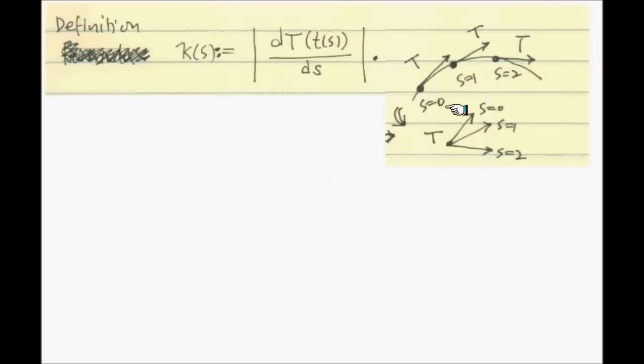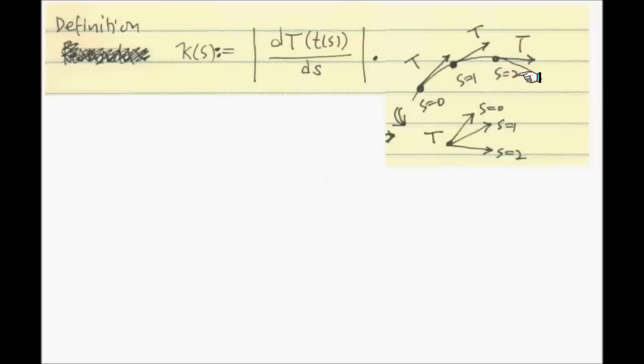What this really measures is the overall behavior of the unit tangent vector. At s equals 0, that's the beginning point. Here at s equals 1 is the position where the arc length from that position to that is exactly 1. So you can see how much this unit tangent vector is turned around.